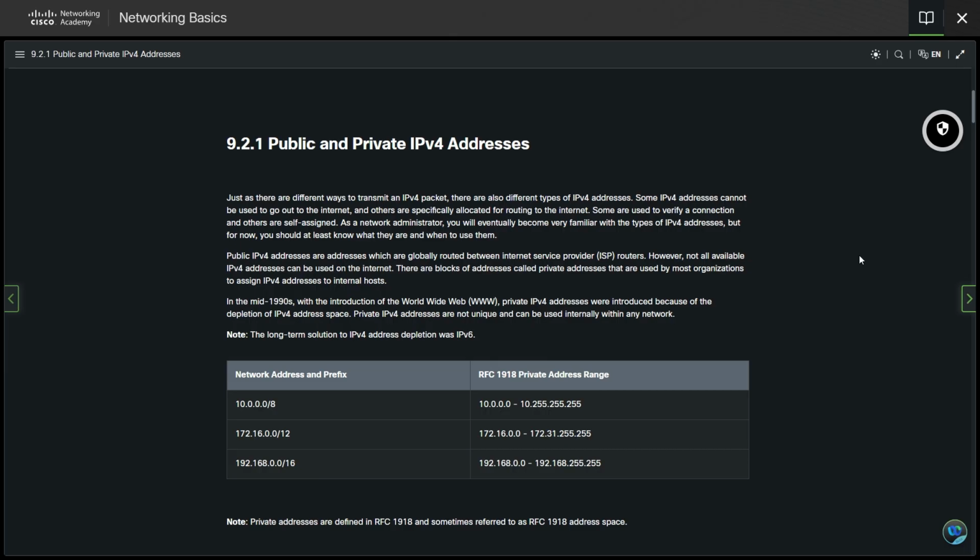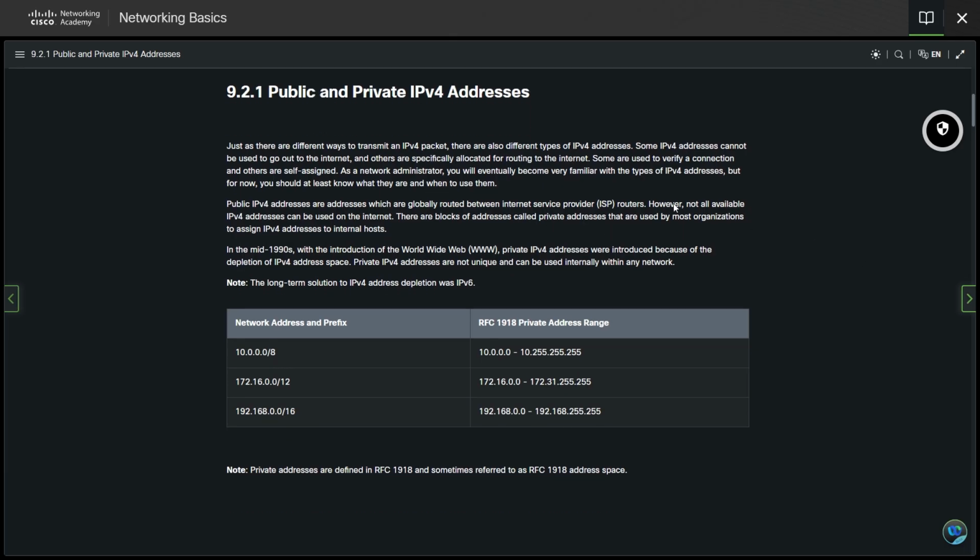However, not all available IPv4 addresses can be used on the Internet. There are blocks of addresses called private addresses that are used by most organizations to assign IPv4 addresses to internal hosts. Okay, this is very important. I mark: not all IPv4 addresses can be used on the Internet. There are blocks of addresses called private addresses that are used by most organizations to assign IPv4 addresses to internal hosts.